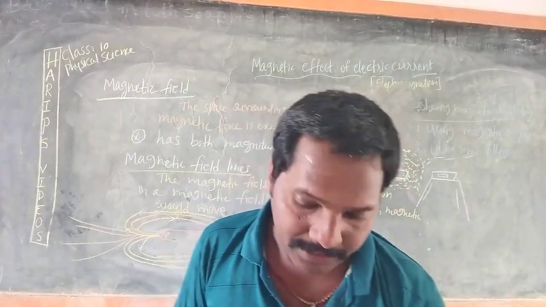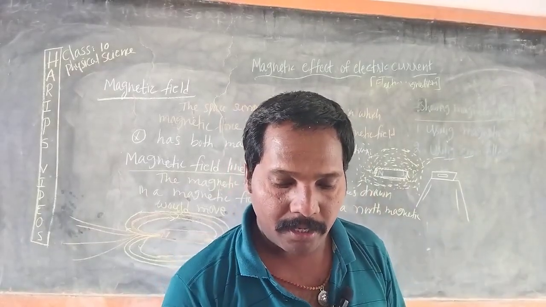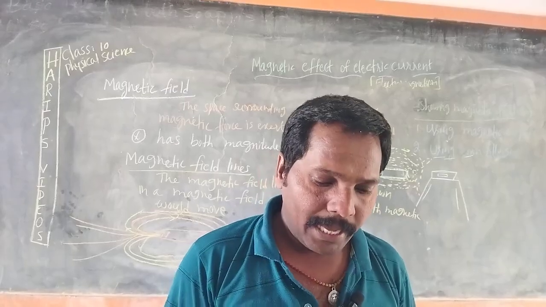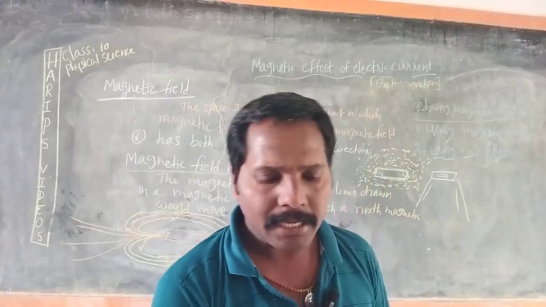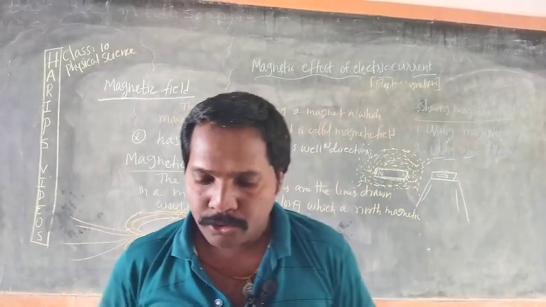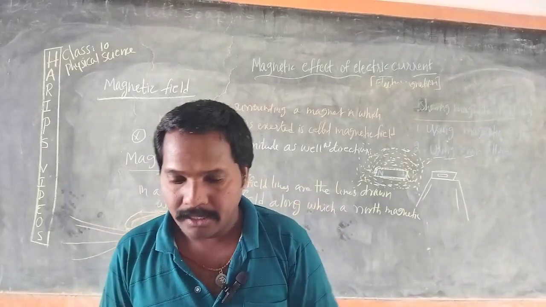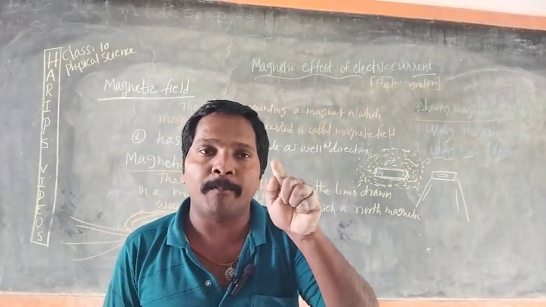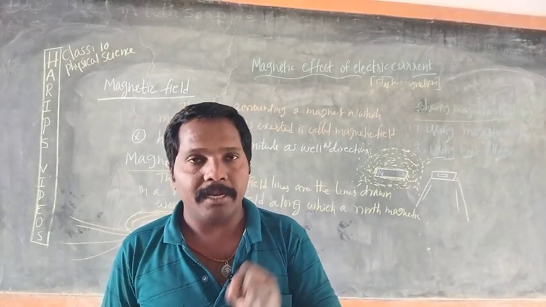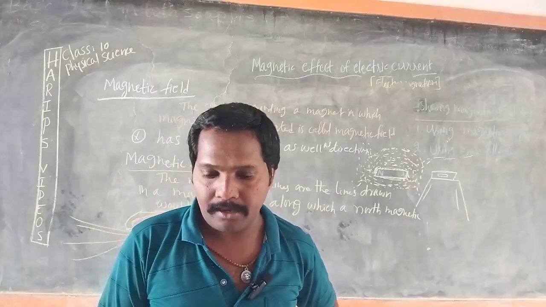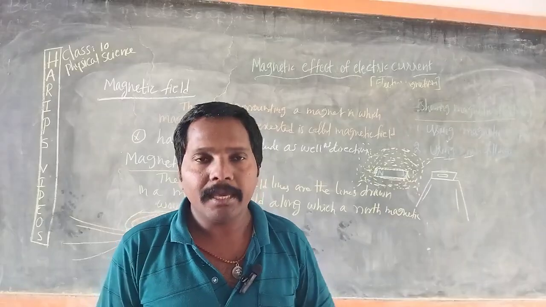Then how can we represent the magnetic field with the help of a magnetic compass? A compass consists of a tiny pivoted magnet, usually in the form of a pointer, which can turn freely in a horizontal plane, and it is enclosed in a non-magnetic metal case having a glass top.